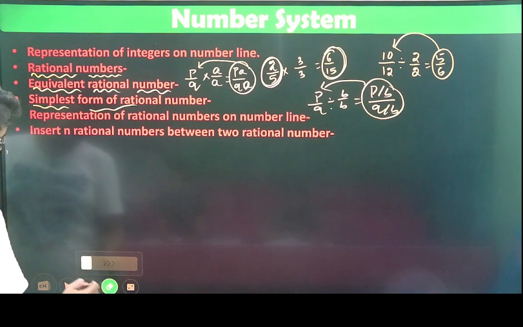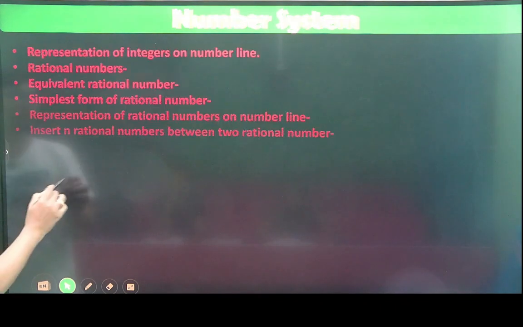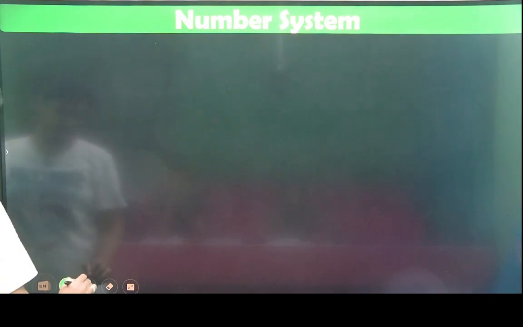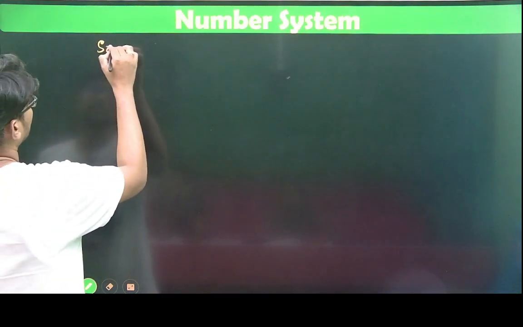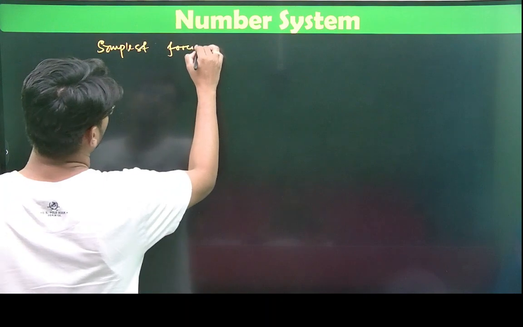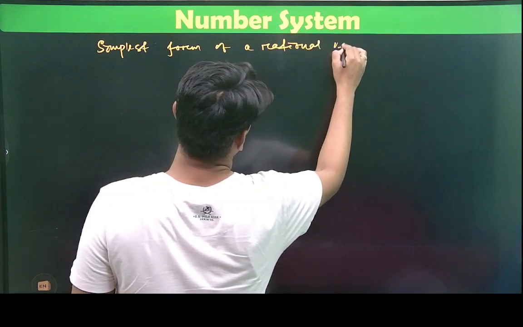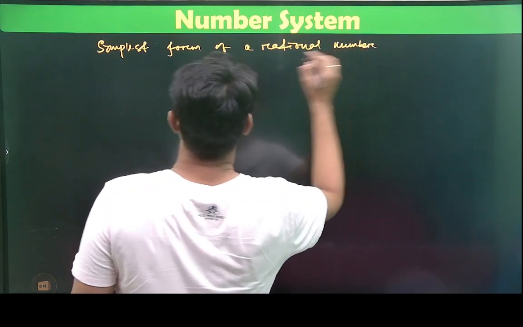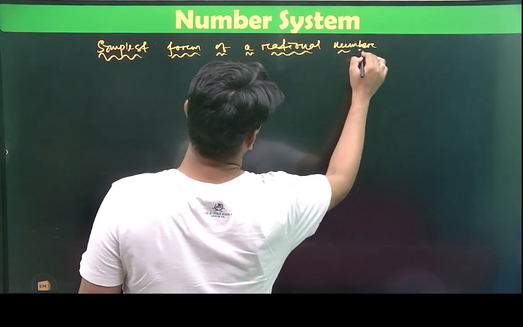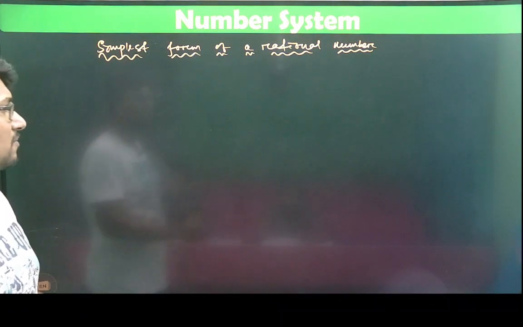Now, what is the simplest form of a rational number? The topic is the simplest form of a rational number. Clear?